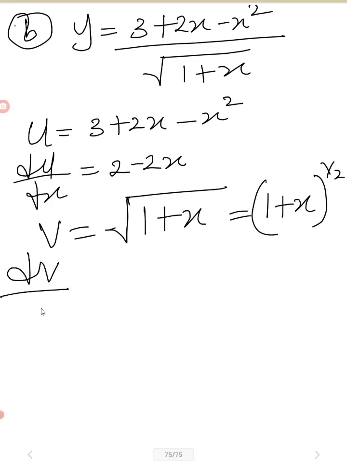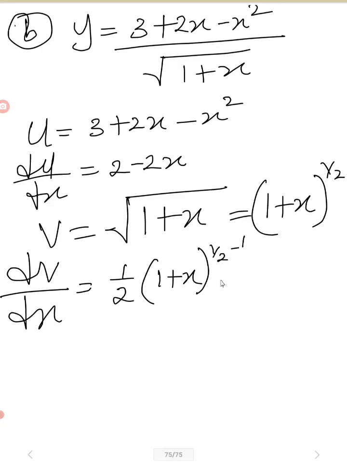The v with respect to s gives you half onto 1 plus x raised to power half minus 1, times, because it's a composite rule, times the derivative of x, which is 1.